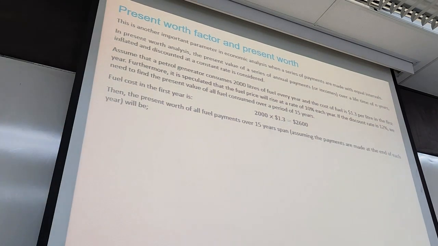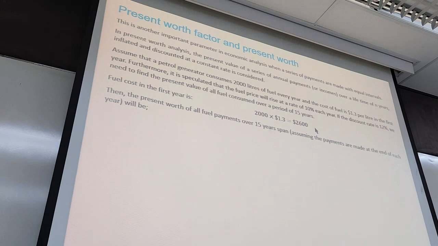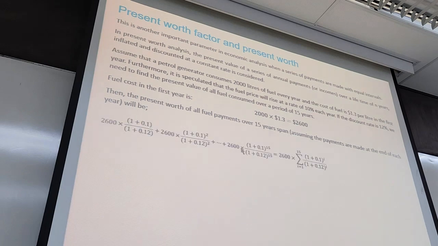So let's figure out how much. The first year the cost of the fuel will be $2,600 if we buy 1 year of fuel today. Okay, all of that fuel was bought today. It will be $2,600. Now, what we need to do then is all of that fuel over 15 years.